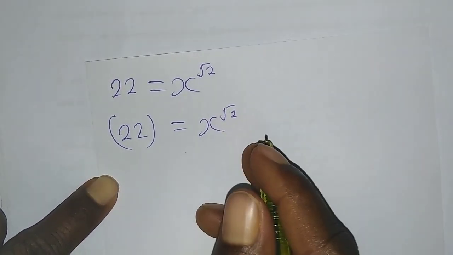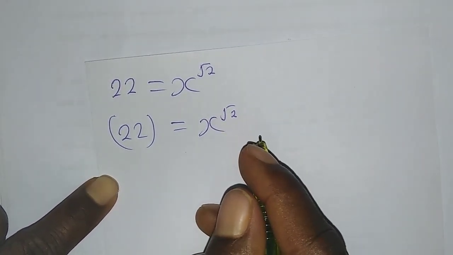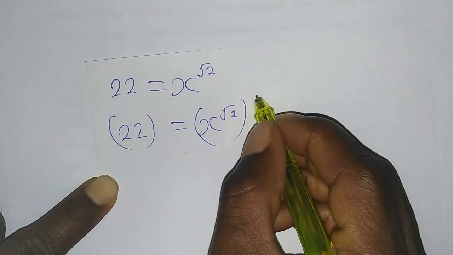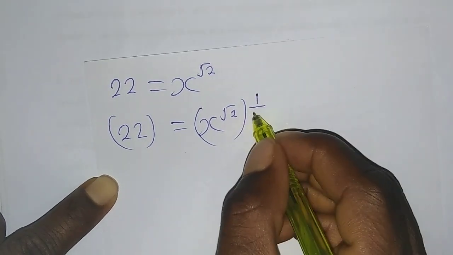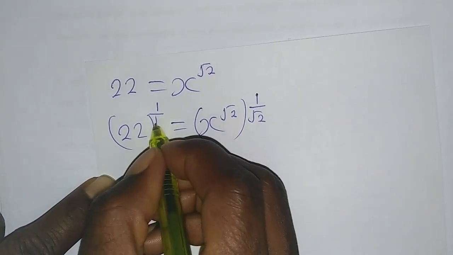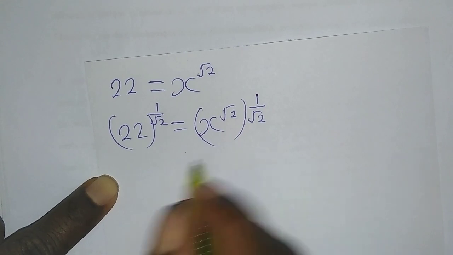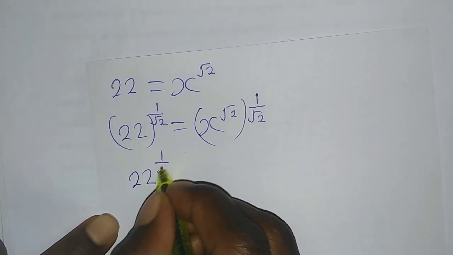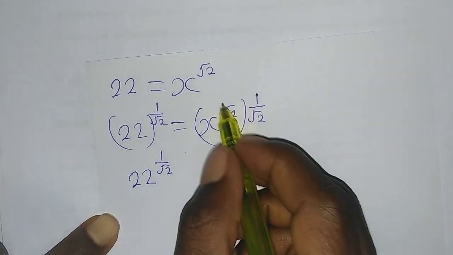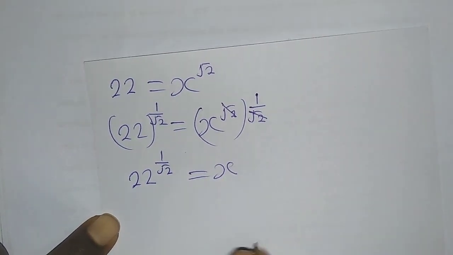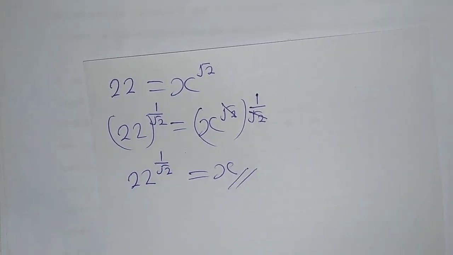And we can raise both sides of the equation to the power of 1 divided by root 2. Therefore, we have 22 to the power of 1 divided by root 2, and here root 2 can cancel root 2. Then we will be left with x. This is the second value of x.